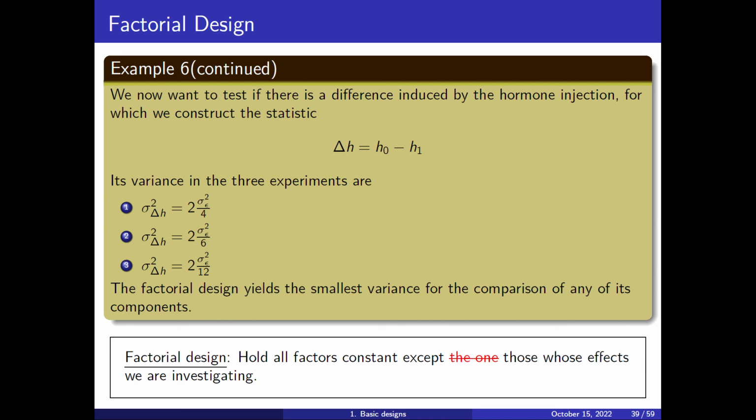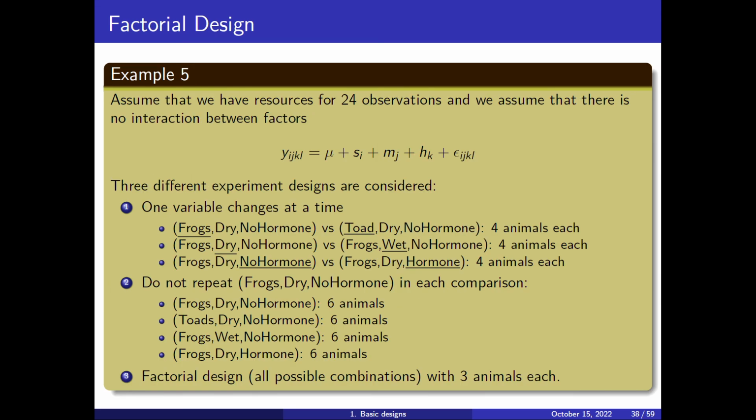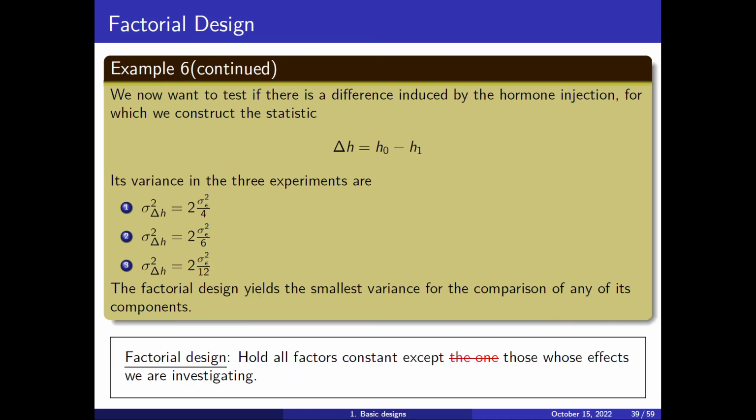The general wisdom in the lab was keep everything the same and change one variable at a time. The general wisdom of factorial design is keep everything the same, so hold all factors constant except those whose effects you are investigating, and those you have to shuffle and combine as much as you can.